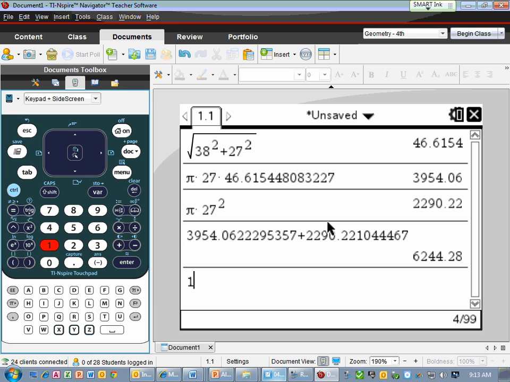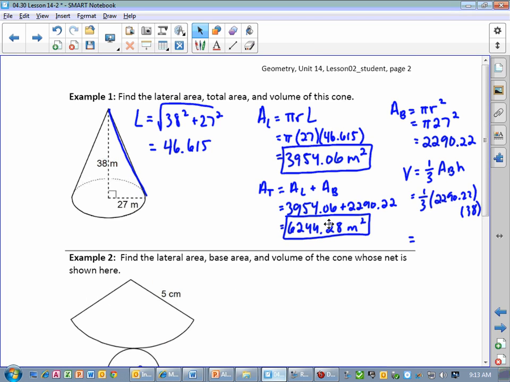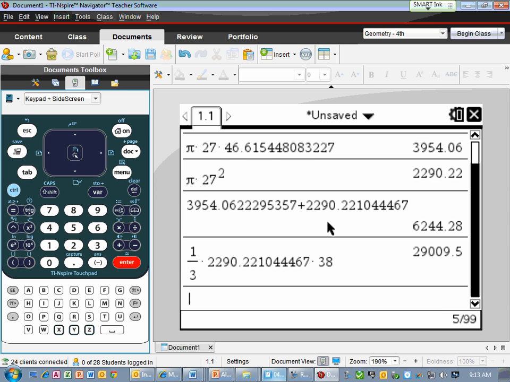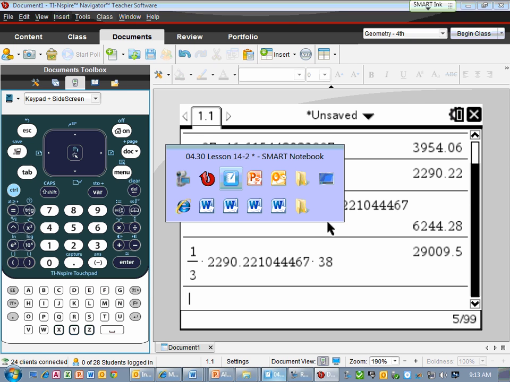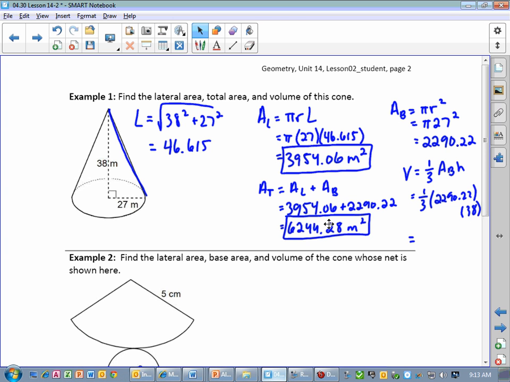So I just type in my 1/3 times my 2290.22, press enter, times my height, which isn't in my calculator, so I do have to write that 38 in, and we get our answer, 29009.5, in cubic meters.